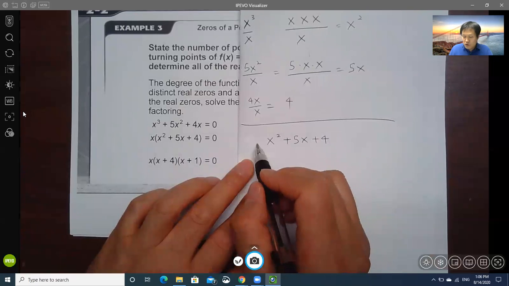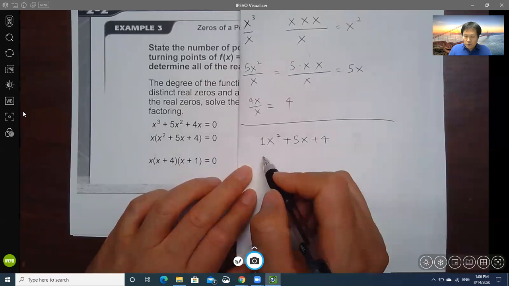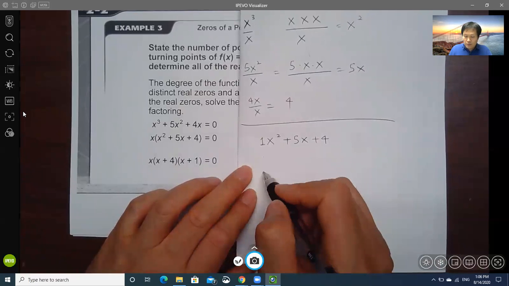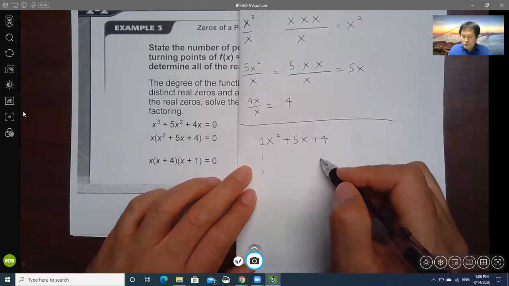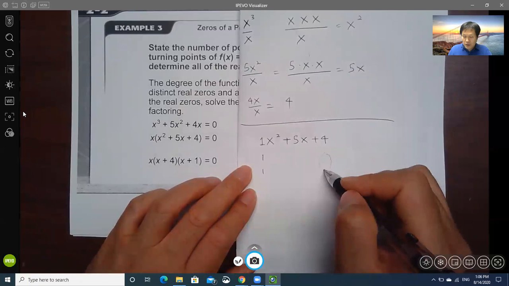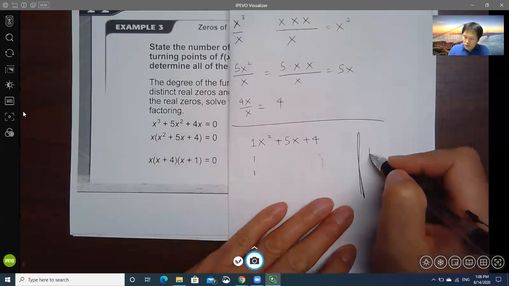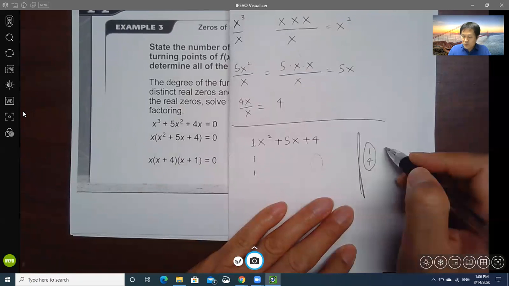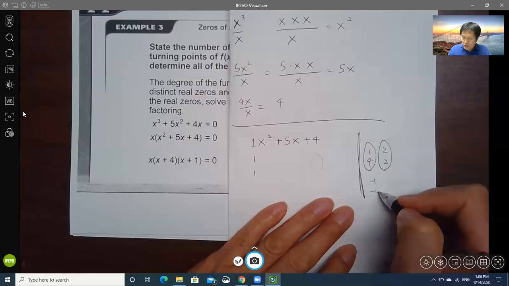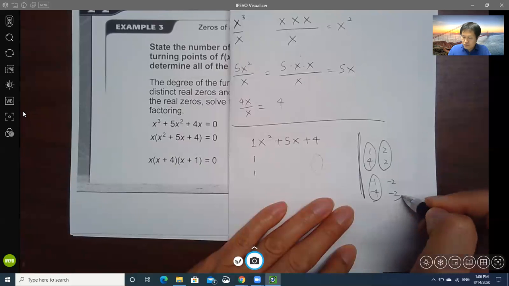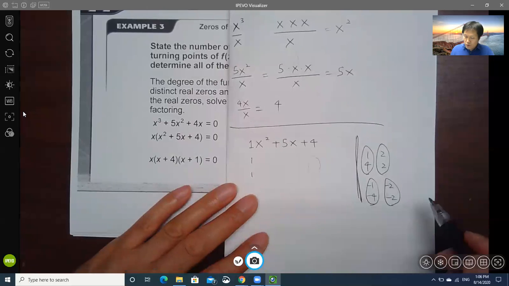There's nothing here, which means a 1 is hiding. So two numbers that multiply to make 1, right? 1 times 1. Now you're thinking of two numbers that multiply to make 4. Well, there are several: 1 times 4, 2 times 2, also minus 1 times minus 4, minus 2 times minus 2. There are 4 different combinations, so you've got to choose one.